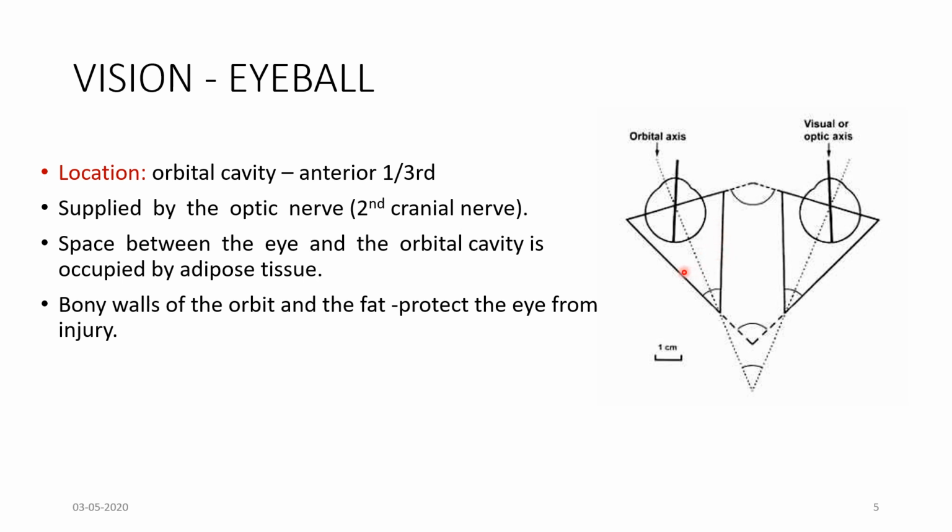The bony walls of the orbit and the fat protect the eye from injury. And in this picture, the position of the eyeball, you can see what is the orbital axis and what is the visual axis.